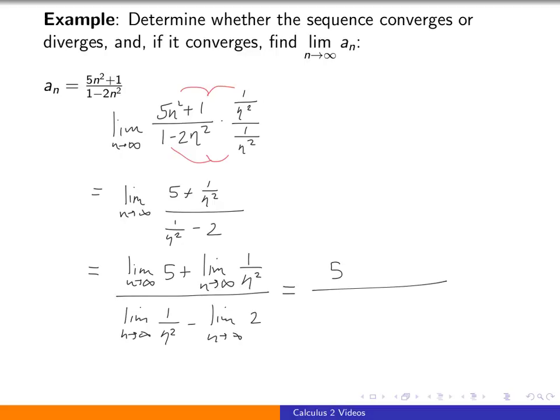The limit of a constant should always be that constant. As n goes to infinity, 1 over n squared goes to 0, because dividing by something big gives you something small. So as claimed, the value of our limit is minus 5/2. So we would say in this case, the sequence a sub n converges to minus 5/2.